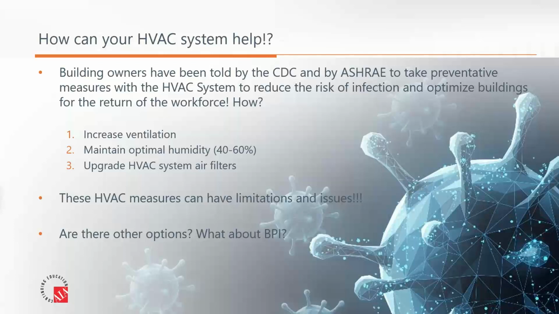The third thing here is probably the primary thing that a lot of people have been focused on, which is upgrading the HVAC system air filters. We'll talk a little bit more about this in the Q&A period, but just so you understand, when people say we're going to go to MERV 13, there's some pieces of equipment that can't actually put MERV 13 filters in those systems. So that's not viable.